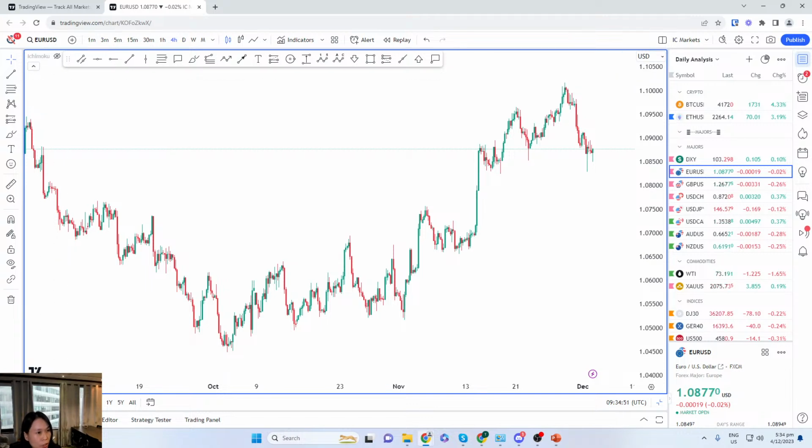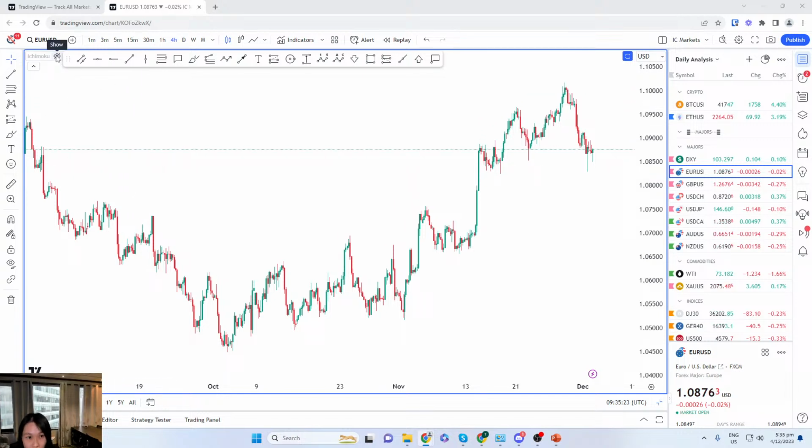Okay, so for a start, let's take a look at this euro dollar. I'm making sure I'm at the correct chart. So we'll be looking at the H4 chart.